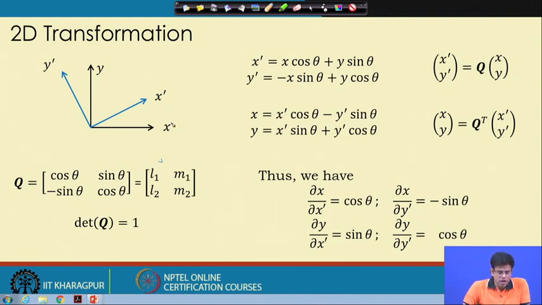It may be important to point out here that the three-dimensional rotation can be rotation about an axis or rotation of a plane. We have seen in the last class that if I rotate about an axis, the transformation matrix is a 3 cross 3 matrix.